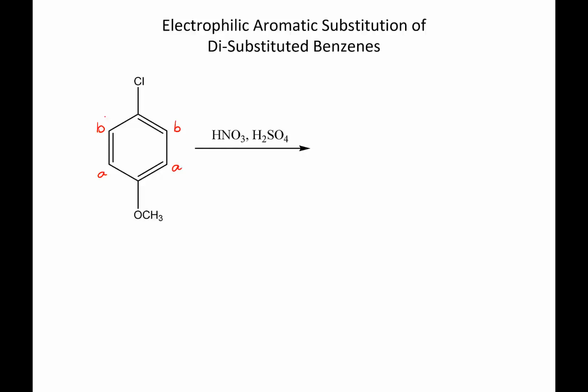Okay, let's see. Table number 7. Either Sarah, you or Olivia, or both of you together. Question number 1. What's the electrophile? NO2 plus.